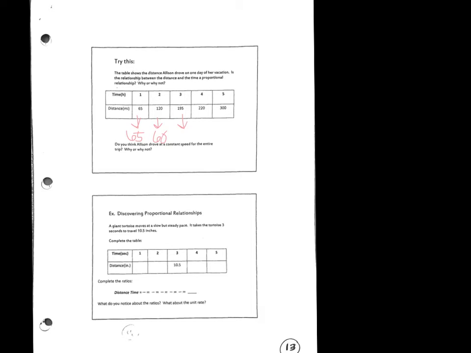The next ratio gives us 65 again. 220 divided by 4 is 55, and 300 divided by 5 is 60. So this is not proportional because there's no constant ratio.